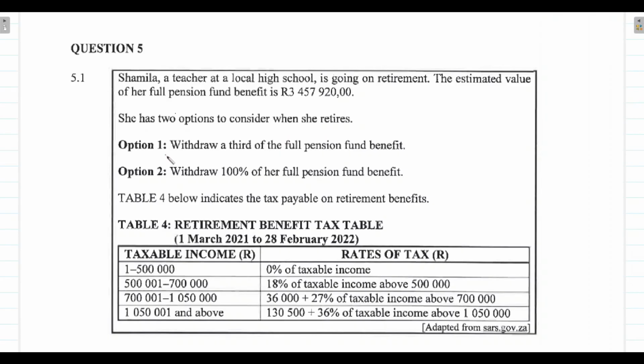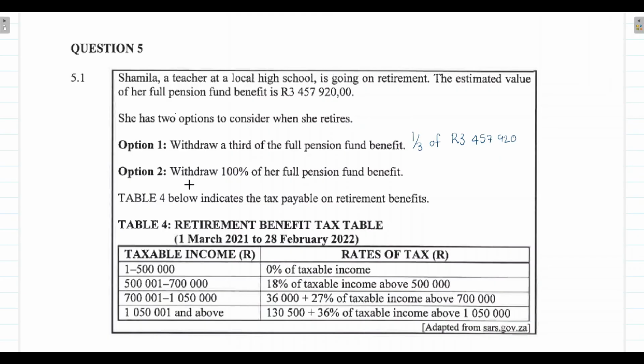The first option is to withdraw a third of the full pension fund benefits, so the first option is for her to withdraw a third of that 3,457,920. And the second option is to withdraw 100% of her full pension fund benefits.